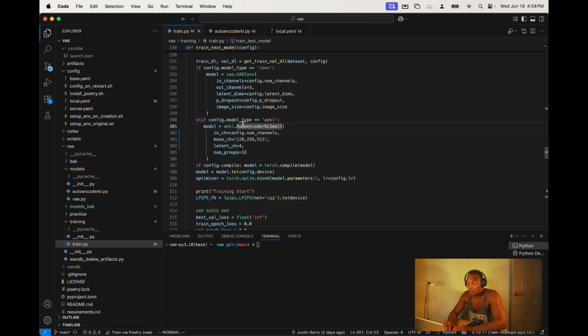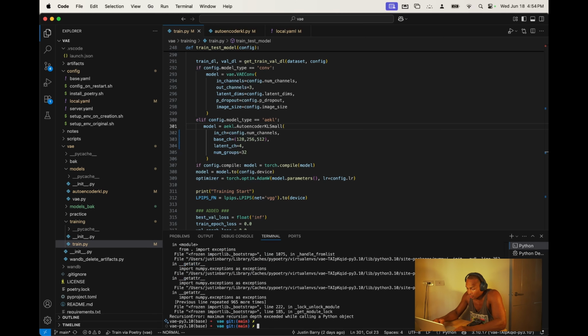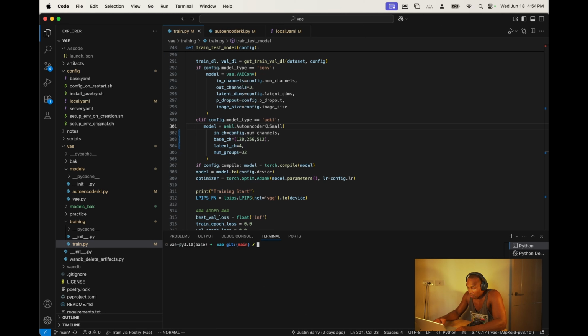So, using poetry, I created separate packages for the training code and the test code, or the model code. So the training is under a different package, and then you just have to do poetry install, and then you can run this right here.